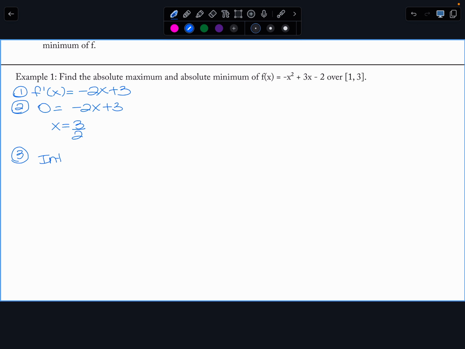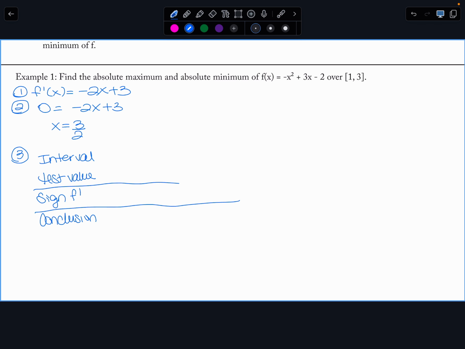So interval, test value, sign of f prime, and the conclusion. And now I only have one little vertical line of x is equal to 3/2. What changes in my chart is that I am bounded between 1 and 3. So that means that I can only go as small as 1 to 3/2, and then as big as 3.